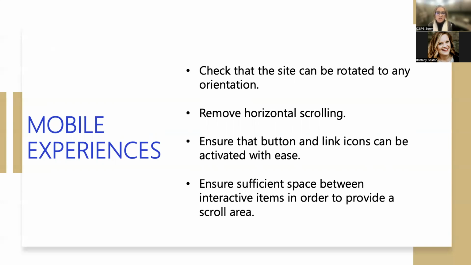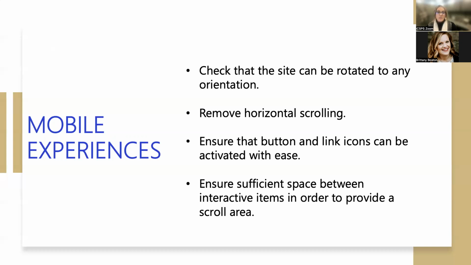So we want to ask ourselves questions like, does this site only allow portrait orientation? We want to ensure that buttons and link icons can be activated with ease, even in a mobile experience. So it's a good idea to make sure things like social media icons that might be on your institution's website, or gallery viewers, like if you have a gallery of pictures of everything that's happening at your community college, or other kinds of touch controls, are all activated with ease.